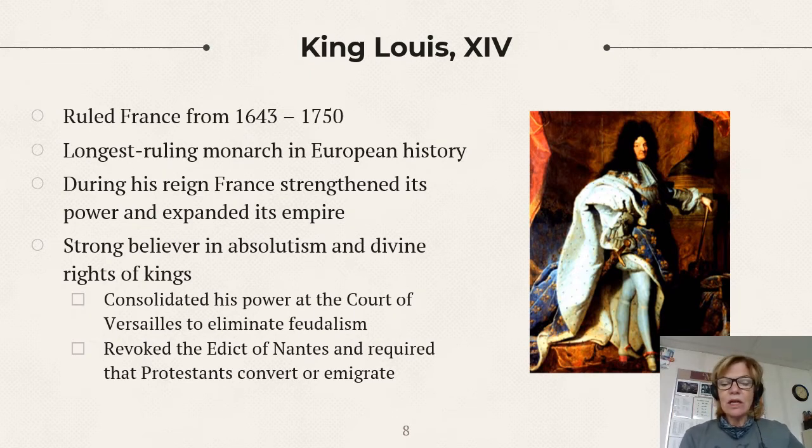So anyway, he consolidated his power, but he revokes the Edict of Nantes and requires everybody to either be Catholic or migrate, right? So he required that the Protestants convert or they had to immigrate, meaning leave.